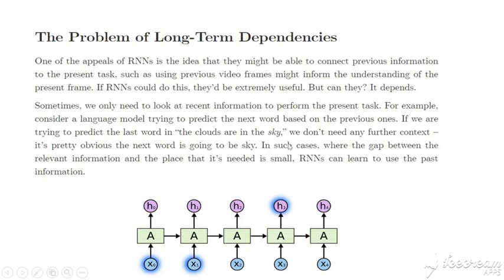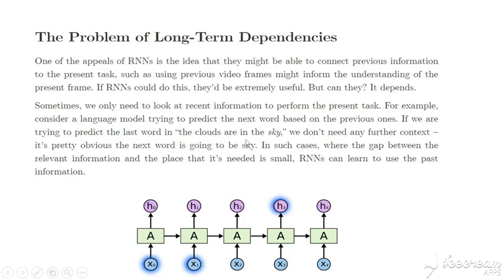Suppose the sentence given is the clouds are in the dash, so the word sky is predictable because the only word that fits that sentence would be sky. There is not much feedback needed, as clouds is given here, and clouds would be in the sky. So that is how RNN would work.